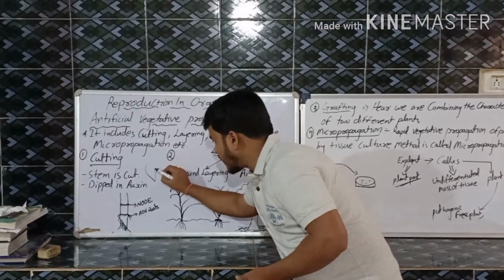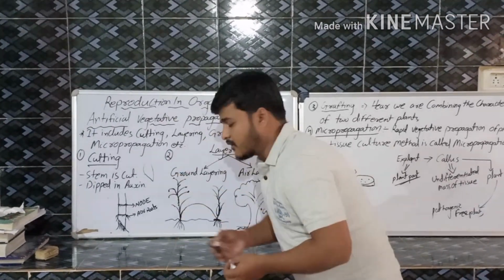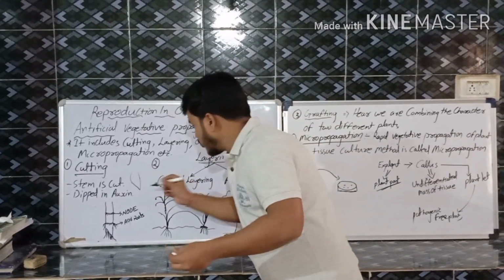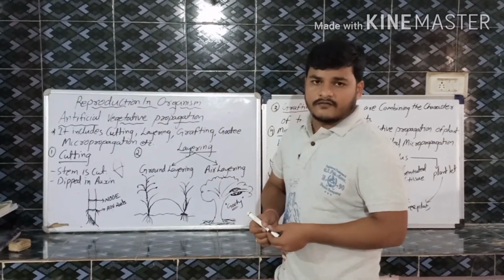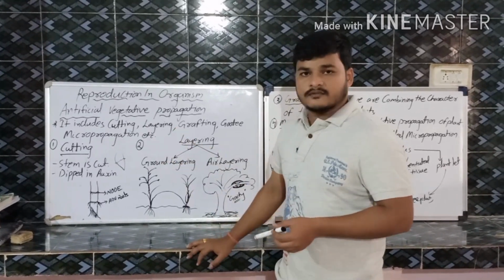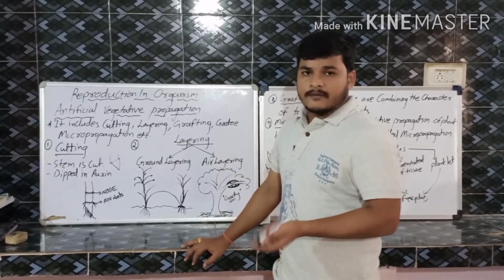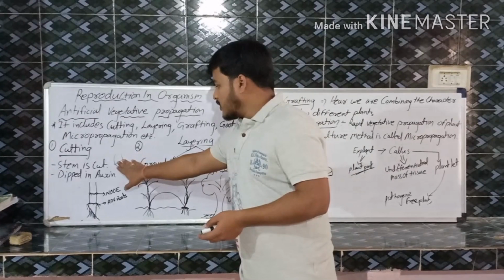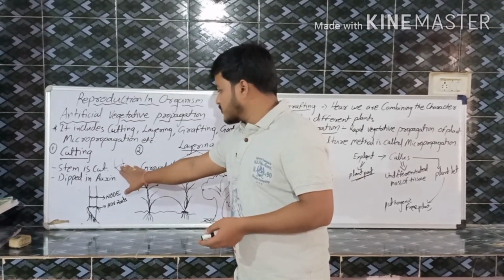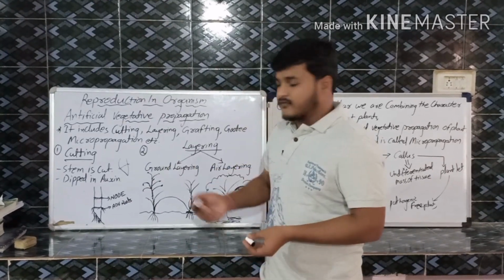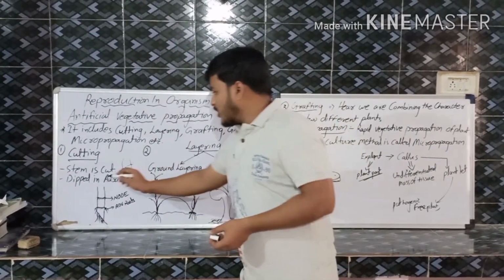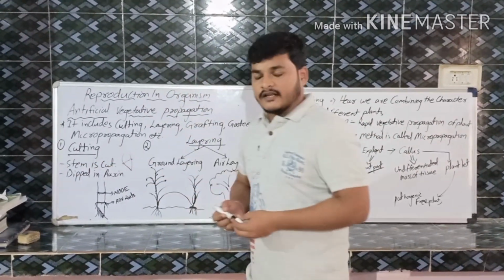We know that the node is a sensitive part of the plant and it helps in growing adventitious roots, so we don't want to damage that part. We use this technique on healthy parts of the stem.